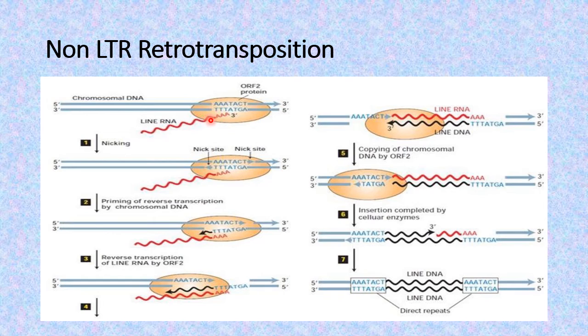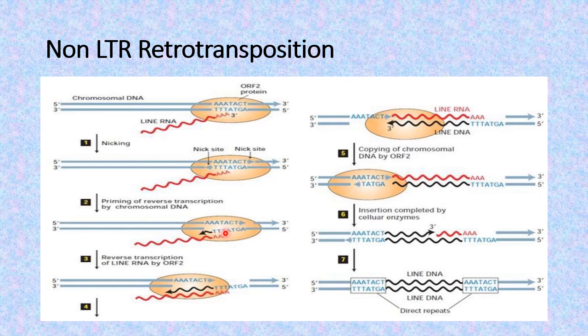Now, the poly A sequence of this RNA base pairs with the poly T sequences, and it serves as the template for the formation of the DNA molecule by means of reverse transcription. And for this purpose, this T region provides the free hydroxyl group.